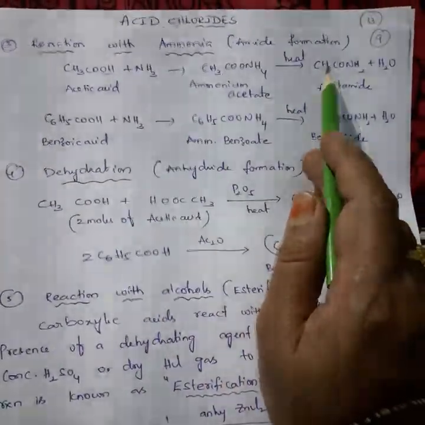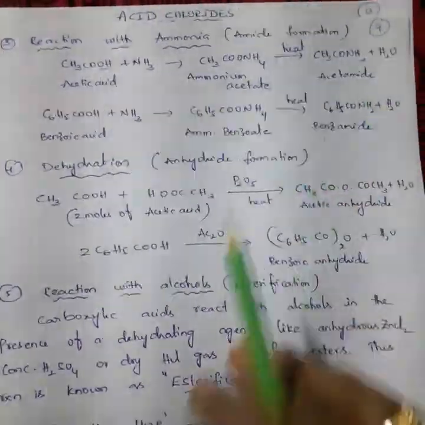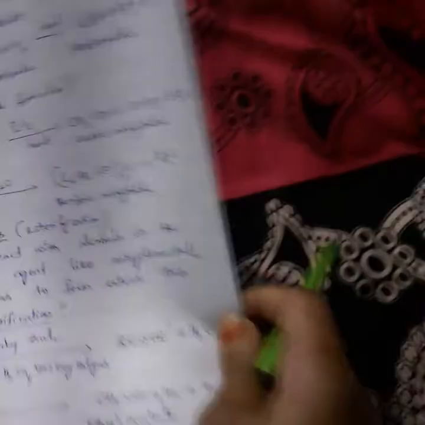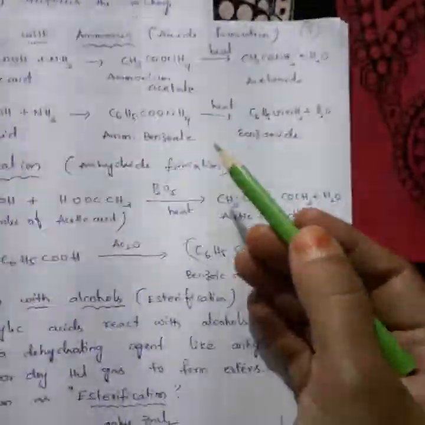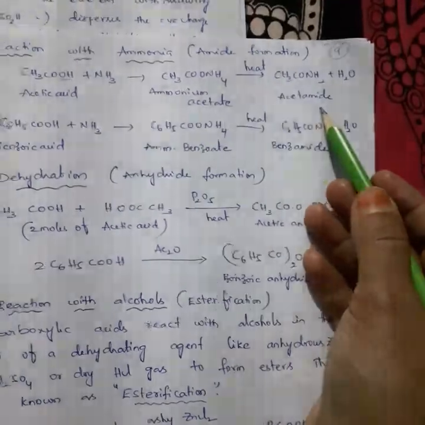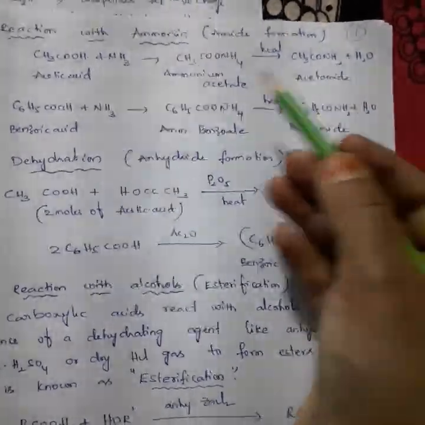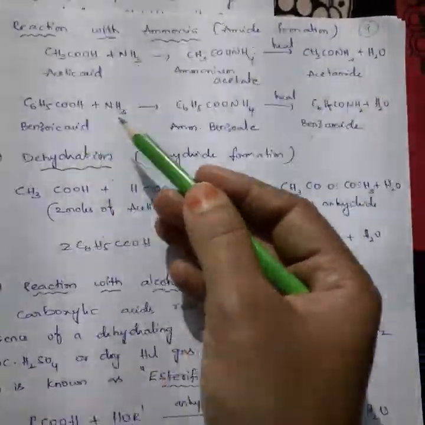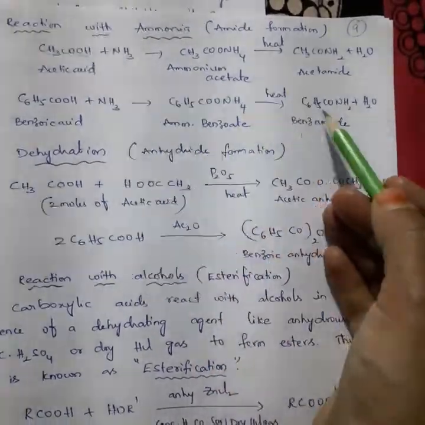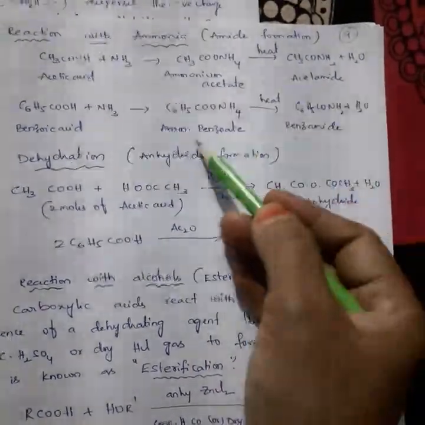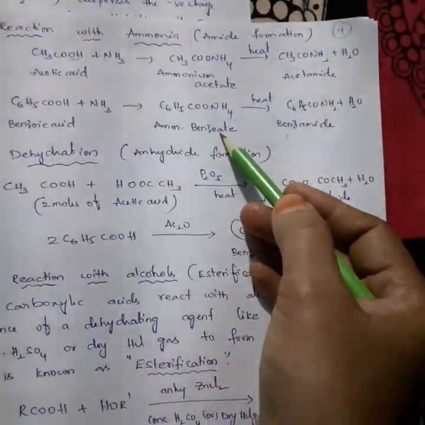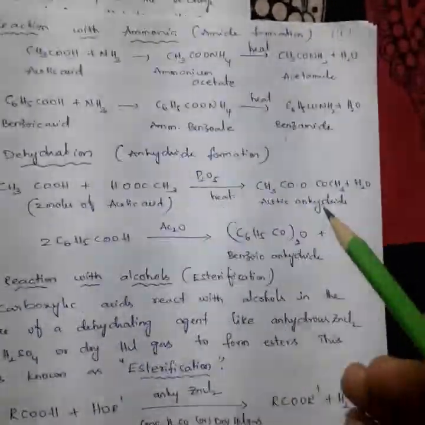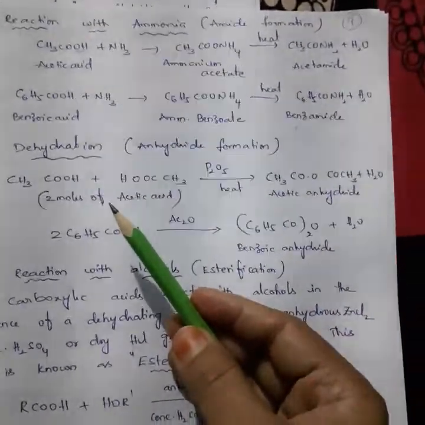So finally what do you get? CH3CONH2, acetamide you got. Similarly, if you take benzoic acid, it reacts with ammonia, and finally it forms benzamide through the intermediate compound ammonium benzoate.